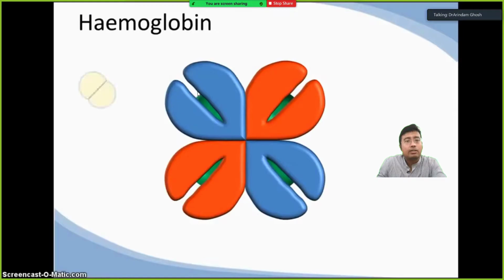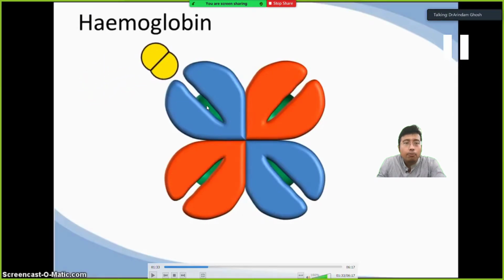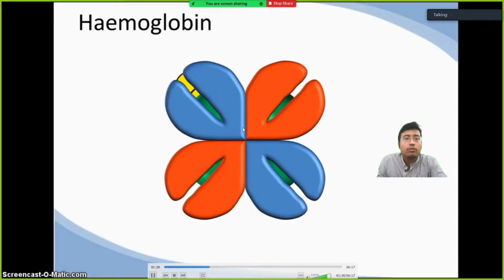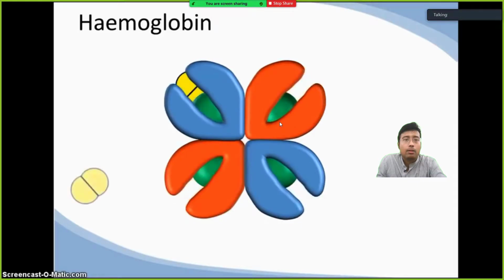Now when oxygen comes, as I told you, it will push the iron towards the center and it will itself get into the crevice, into the gap. It will push the arms and it will create a relaxed conformation. See what's happening?